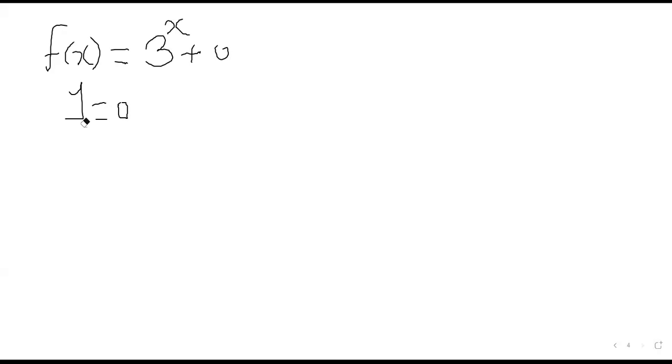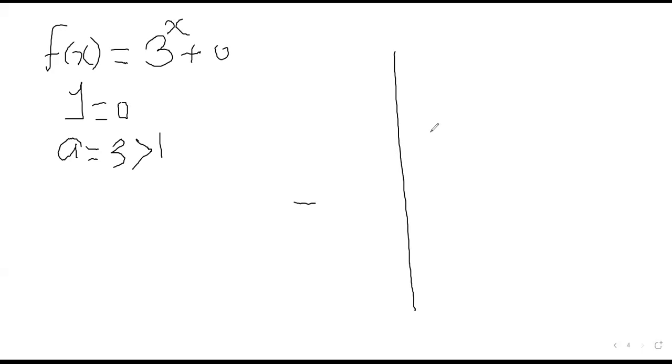Then we come up with a few values. The value of a is very important. The value of a is 3, which is greater than 1, so we expect a function that is increasing in nature. Now we can move to the sketching part.